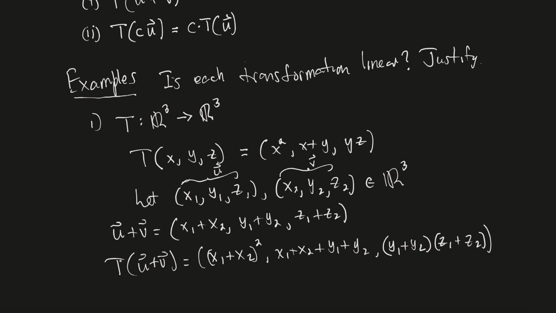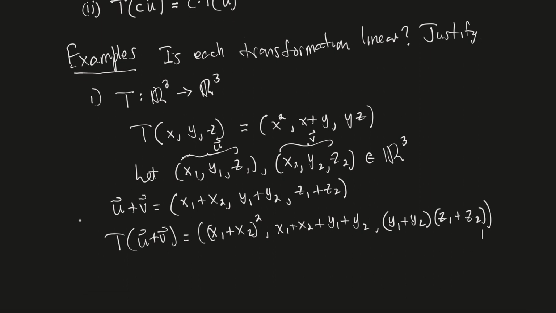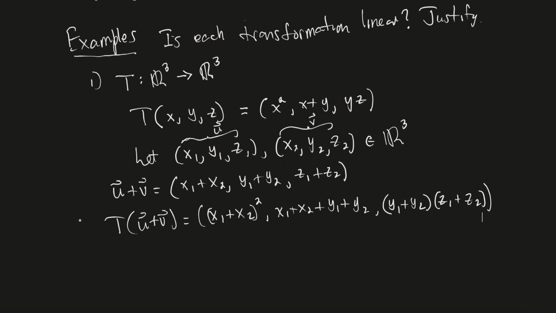Now let's write down what would happen if we transform them separately. So I find T of u and then T of v and then add them together. I could probably do that on one line. So T of u plus T of v. Again, remember what it does.